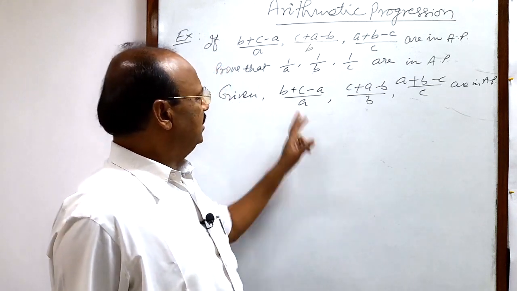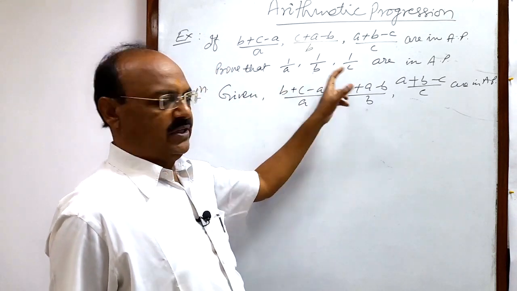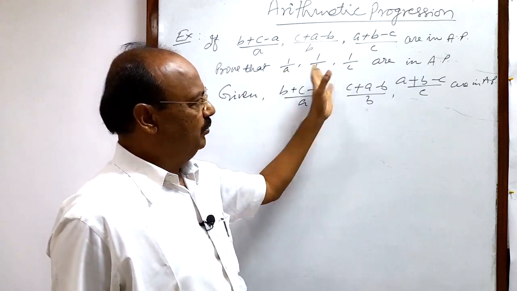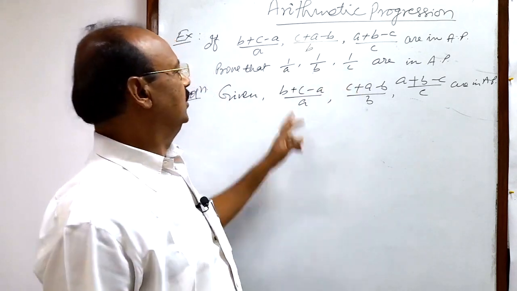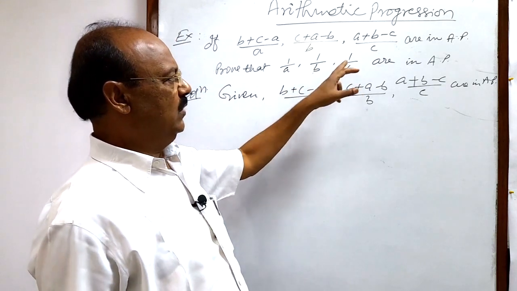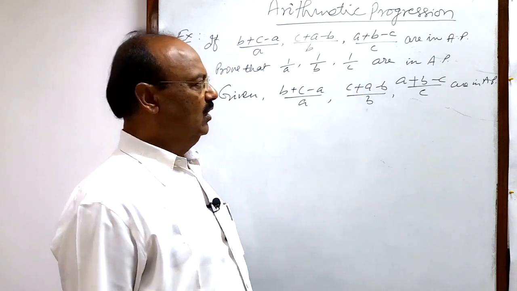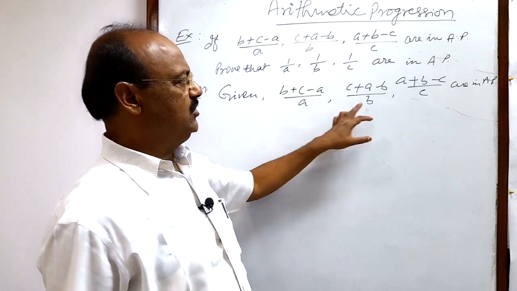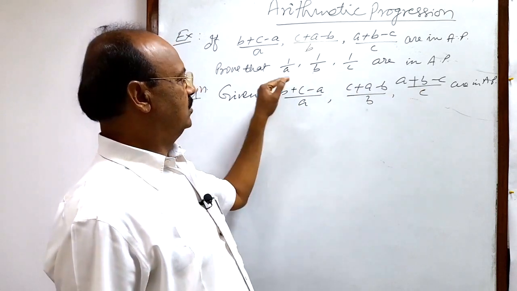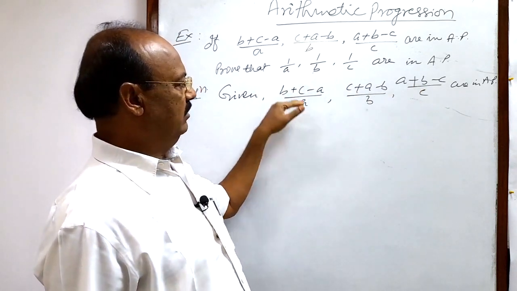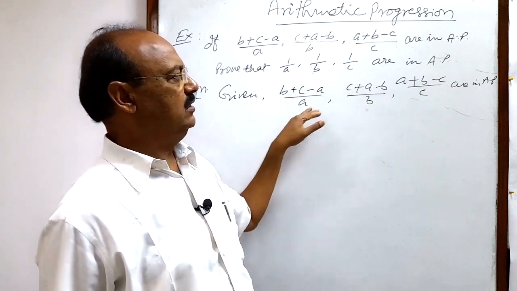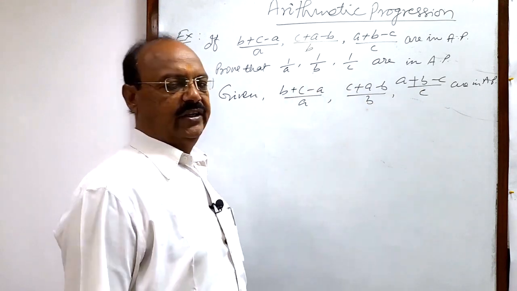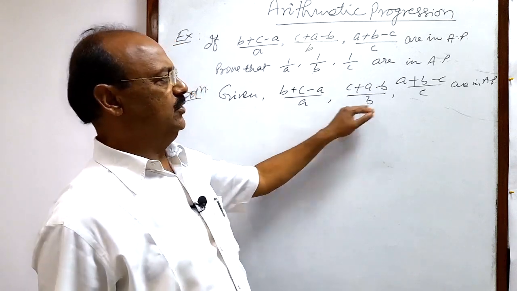We need to see the expression that we have to prove: 1/a, 1/b, 1/c are also in AP. So we should not disturb these denominators because they are very well settled. a, b, c is required, that much we are getting here.